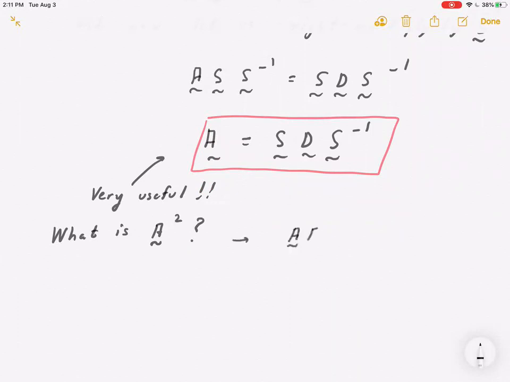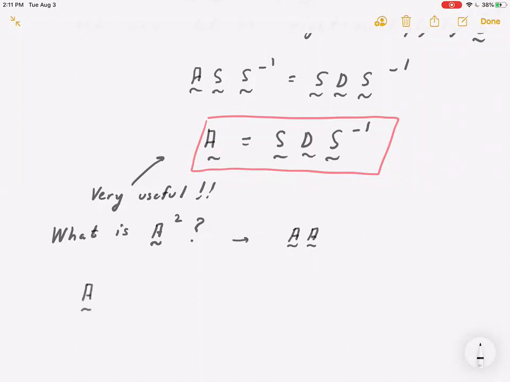You know how to do that. But you can see this could be a problem if you want to multiply A by itself 30 times or 1,000,000 times. It's very labor intensive to do all those matrix multiplications, even on a computer.